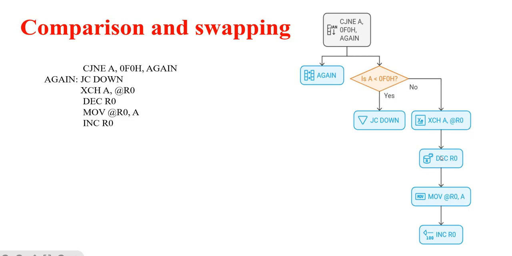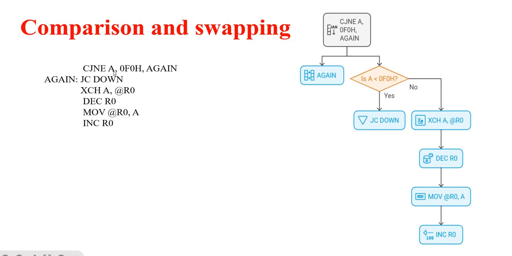Then it will decrement R0 to point back to the previous memory location, and then MOV @R0, A stores the value in the accumulator back into the memory location pointed by R0, and it will increment R0 to the next memory location. Okay, this is the comparison and swapping.